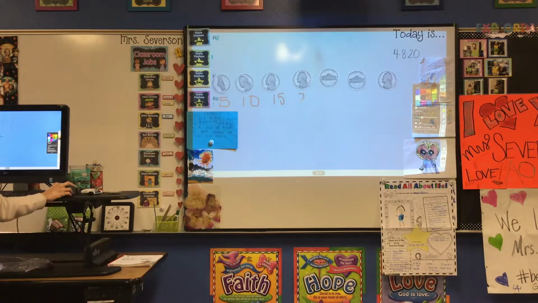You can pause it until you're done, and then you can see if you are correct. 5, 10, 15, 20, 25, 30, and 35. And the last one, go ahead and make it 35 cents. That little mouse is tricky to work with. 35 cents. Okay? Great job.